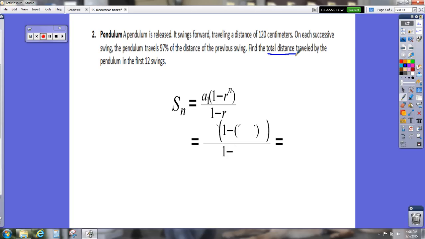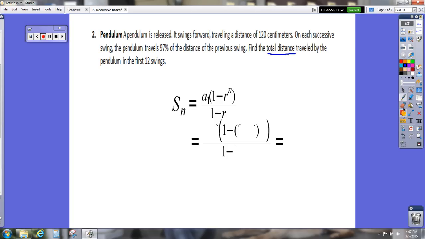Again, like they say, we're decreasing, but we're getting 97% of the previous swing. So that's still a ratio, 0.97. So that means this is a sum of a geometric series. Let's plug in the values that we need here.